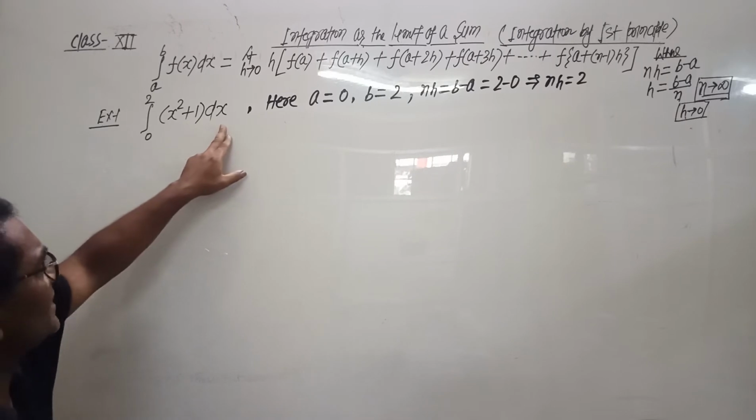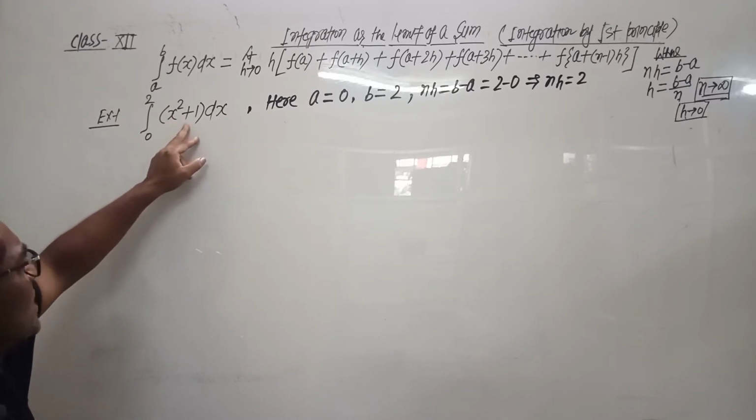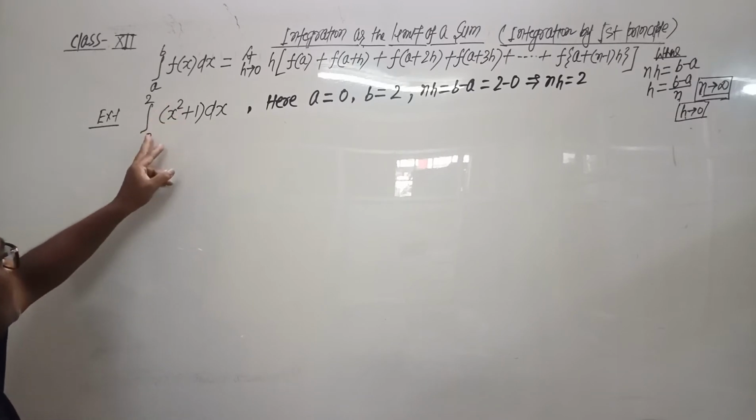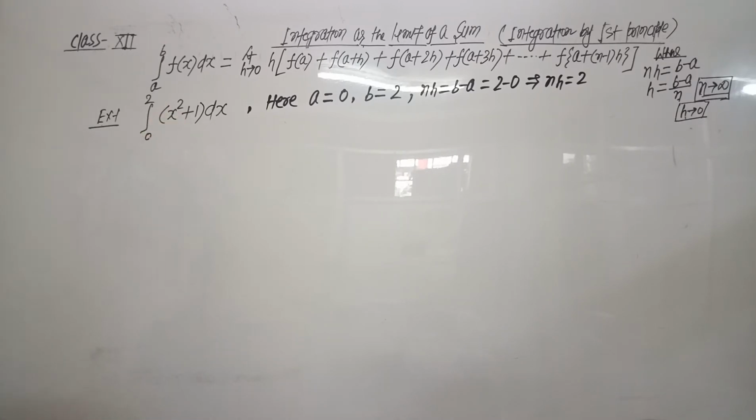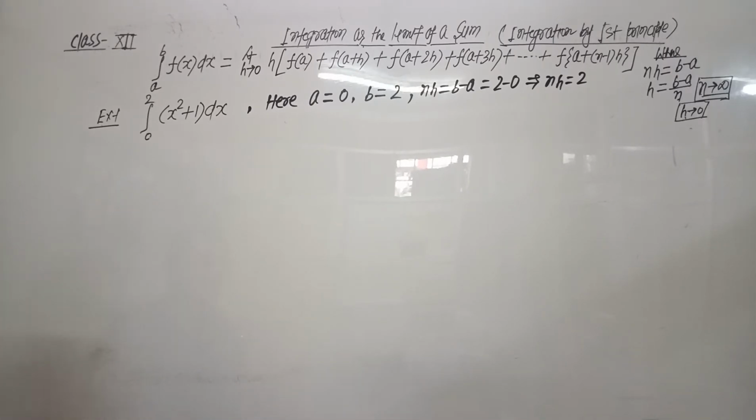Firstly we write this in the form integration a to b f(x) dx, where f(x) is x square plus 1. A, the lower limit, is 0, and b, the upper limit, is 2. We calculate the value of nh.